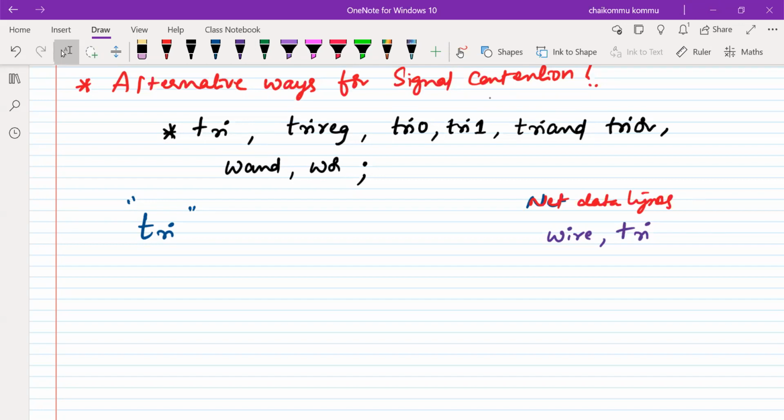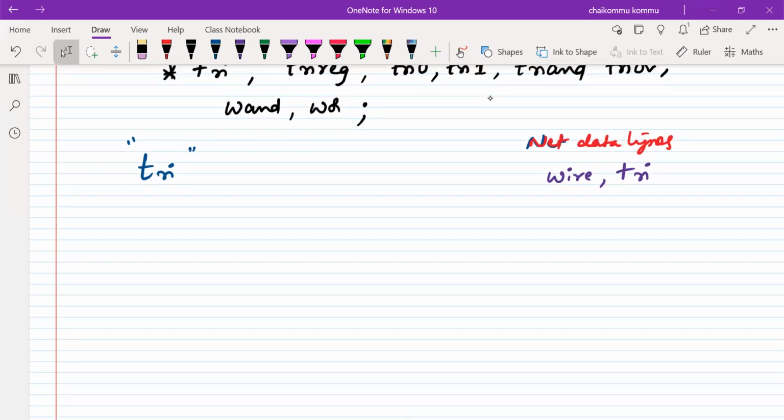What does it mean? For example, this is the output line. If this line is driven by only one line, then this particular net is defined by the wire data type. This red line is coming from anywhere, doesn't matter, but it is connected to the output line, only one line.